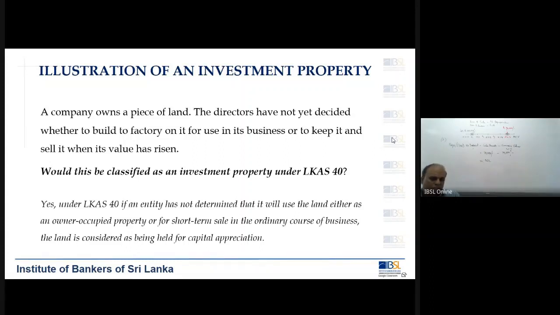Based on LKS 40, a property can be defined as investment property only if it is not used for business purposes or sold in the immediate period, which means it has to be either held for capital appreciation or held for deriving rental income. Those are the 2 things that you have to write in your answer.